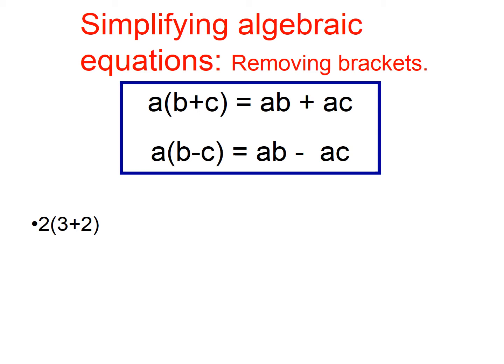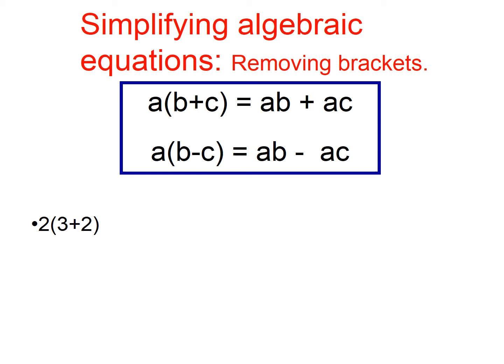But if we think about how this works at a really fundamental level, in this case we've not got any algebra at all. It's just numbers. If we have 3 plus 2, that's 5. So if we multiply 3 plus 2 by 2, that's 10.